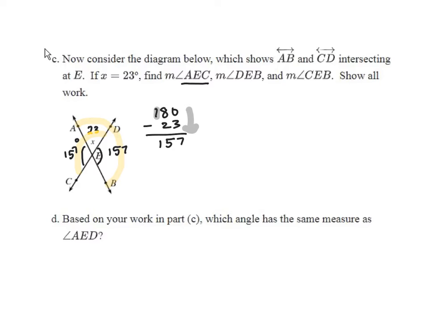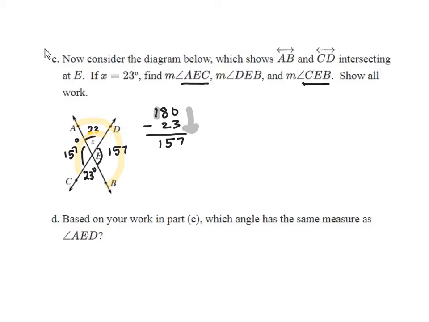So if this is 157, then I know that angle CEB is also 23 degrees.